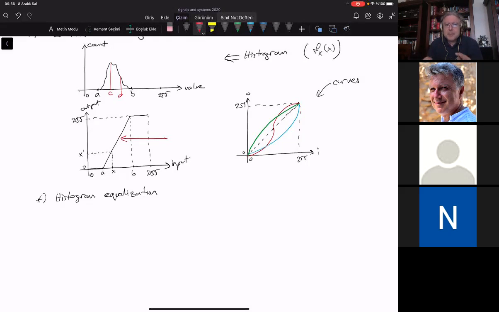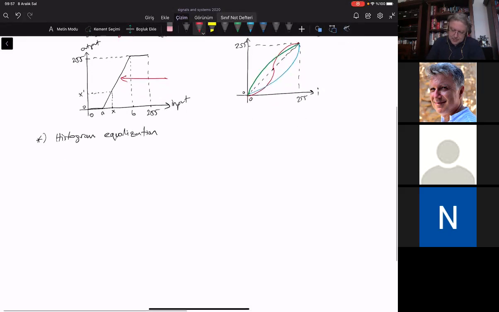So how can we make a uniform distribution, uniform PDF, like a uniform histogram? You will immediately realize that for a discrete and finite image, it's impossible, technically speaking. We cannot do that. But what we can do is to consider the histogram or the density function to be within a window.